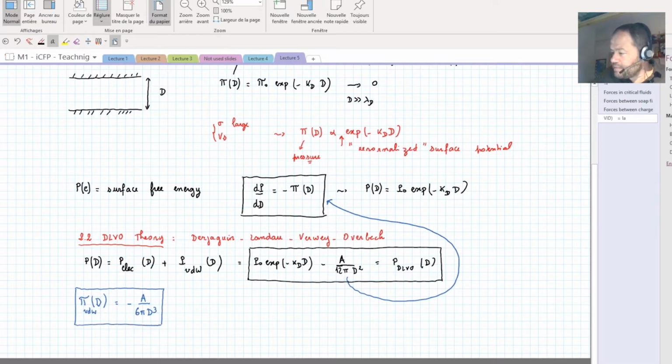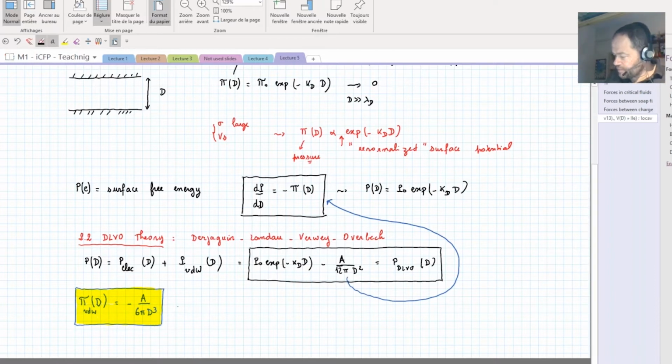Okay, and this is something I just discovered yesterday, that I didn't write this formula, which can be found in many places. You can really assume that there is a force, and this force is really important, and it is an extra pressure which is due to the confinement.